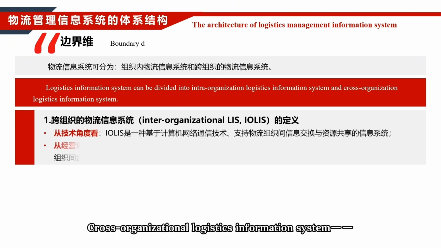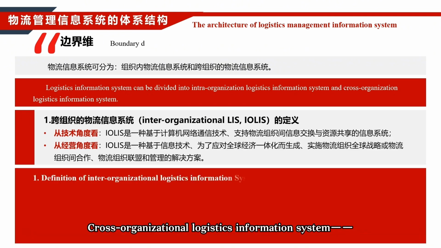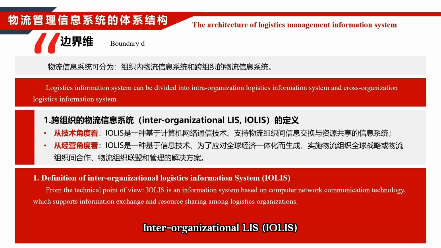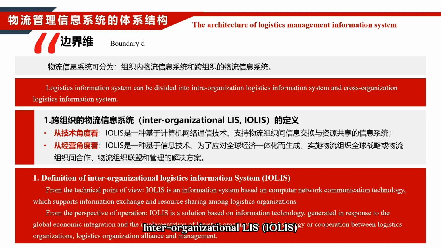1. Cross-organizational logistics information system, inter-organizational LIS, IOLS. Definition of IOLS. From the technical point of view, IOLS is an information system based on computer network communication technology, which supports information exchange and resource sharing among logistics organizations.